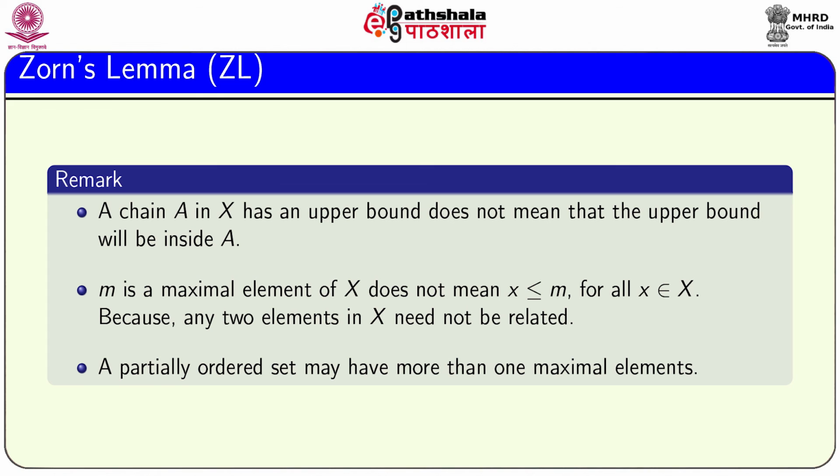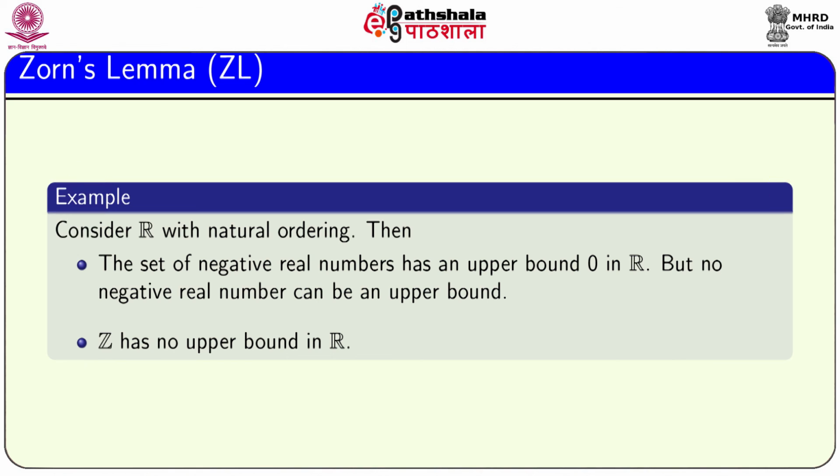We are in a poset. A partially ordered set may have more than one maximal element.